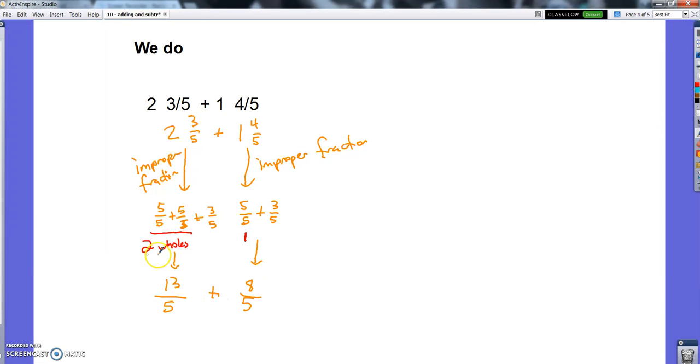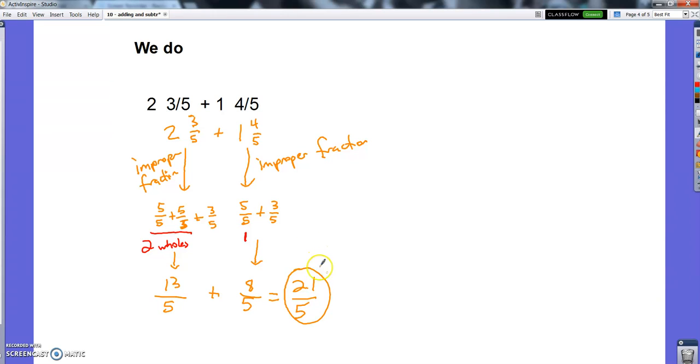And now those are pretty easy to add together. When I don't have the mix and the whole, it's easy to add my improper fractions and know that that is 21/5. And that's fine with me if you were to just stop there and say, okay, well, I'm just going to stop at an improper fraction.